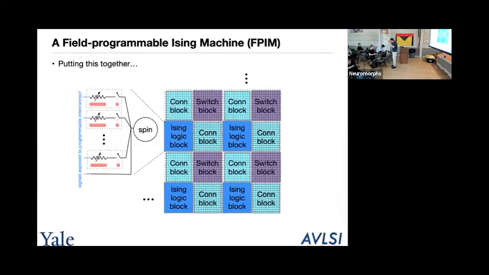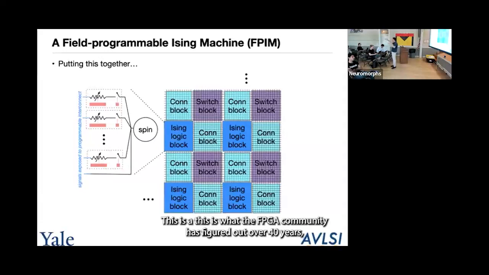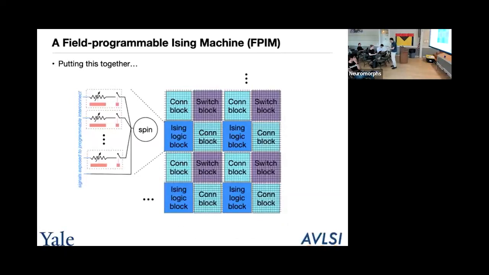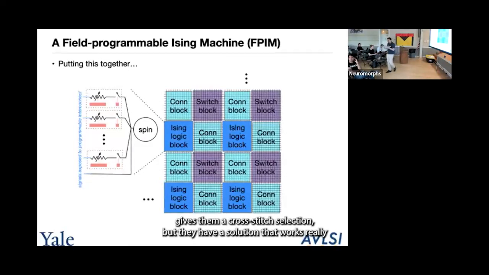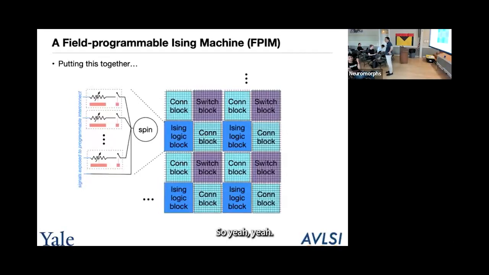But I'll say it again: this is what the FPGA community has figured out over 40 years, how much hardware resources to allocate for the routing and what configurable topology, so the place and route tools can run in a reasonable amount of time. So the FPGA community has figured out how to solve the Ising problem? Not the Ising problem, the programmable routing graph embedding problem. It's heuristics. Nobody's saying otherwise, but they have a heuristic solution that works really well in practice for the kind of graphs that come out of logic synthesis. Yeah, sure.